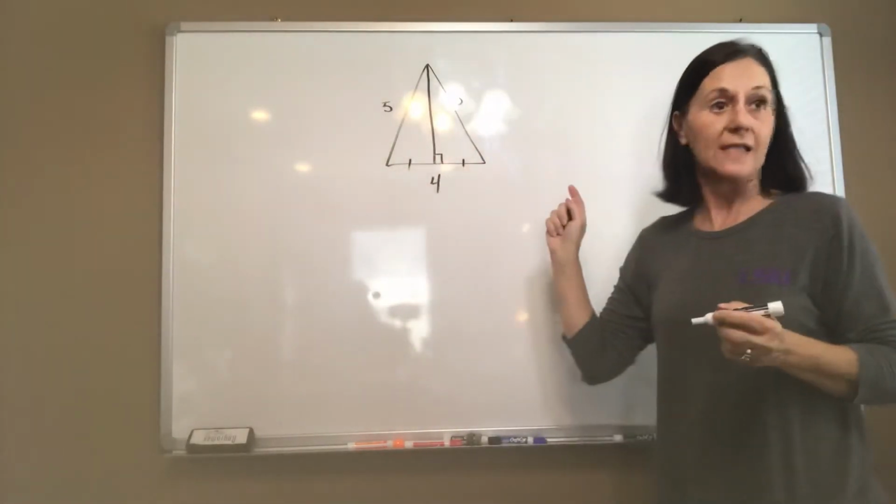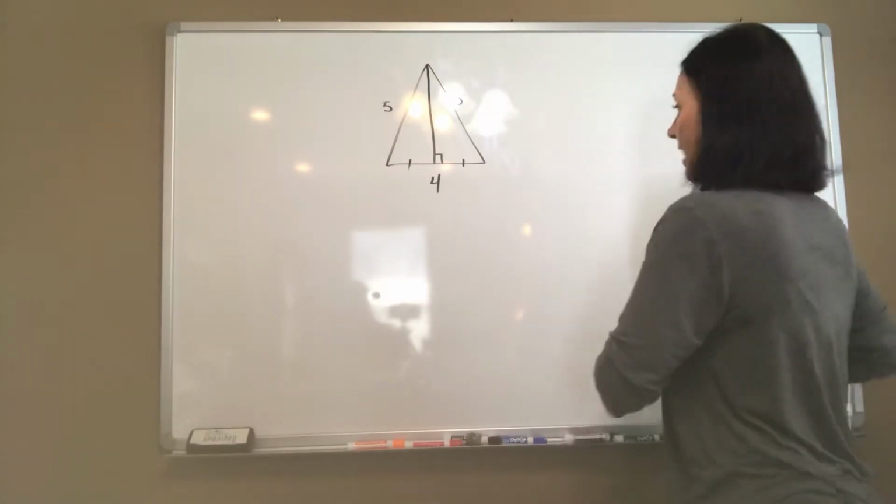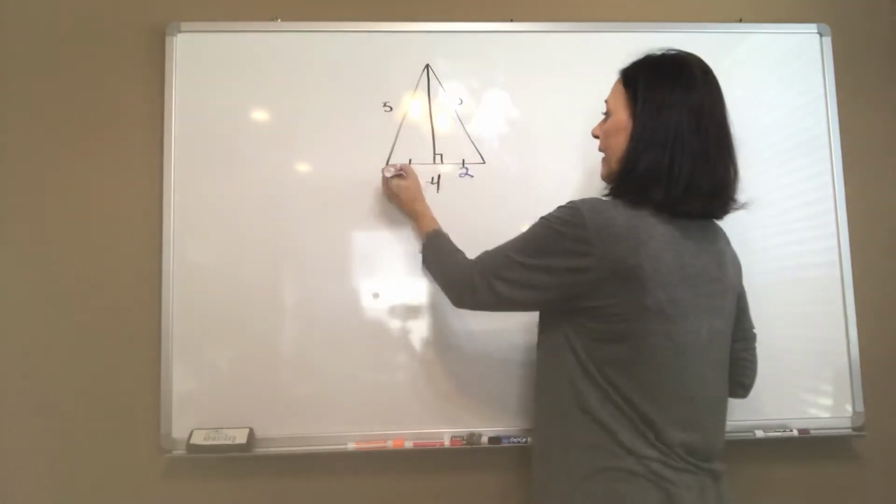It literally bisects that side, such that this side is 2 and that side is 2.